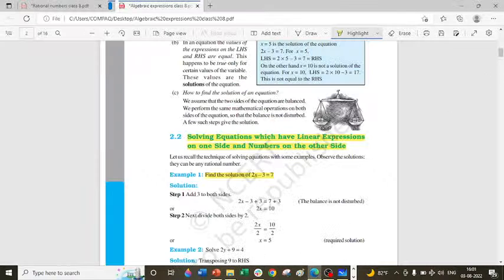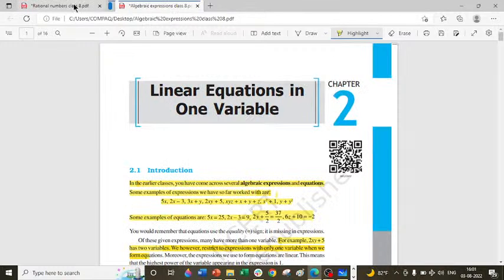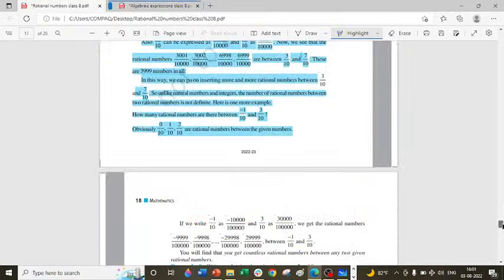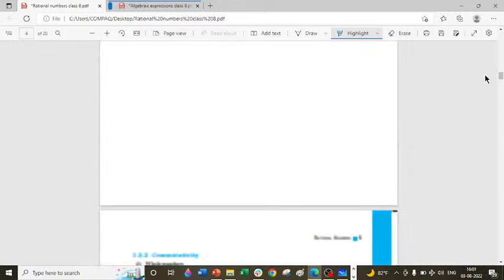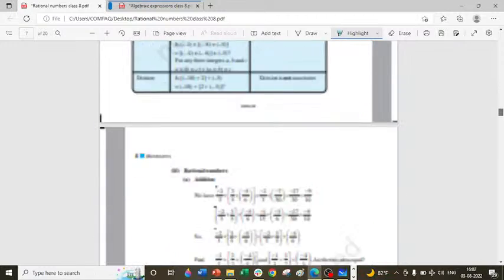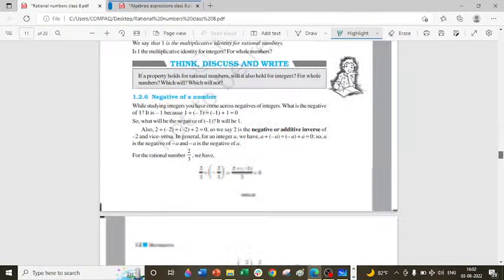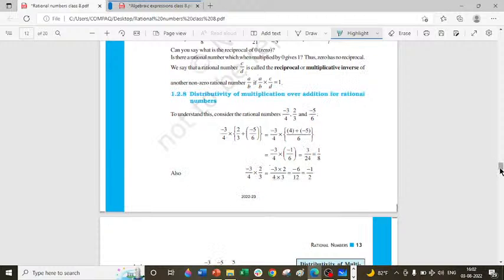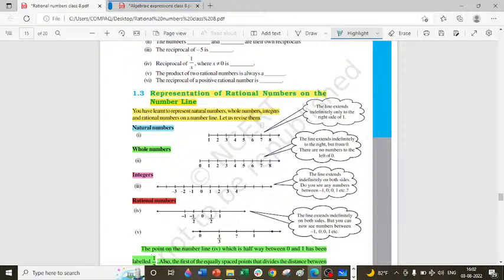Let's open the slide. We need to start from the representation on the number line. Here you can see the representation of rational numbers on the number line.